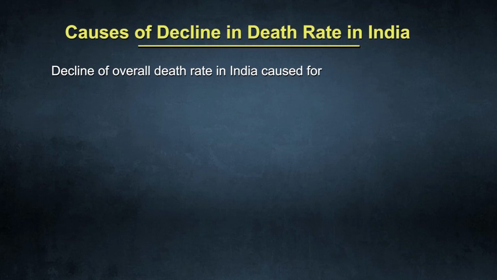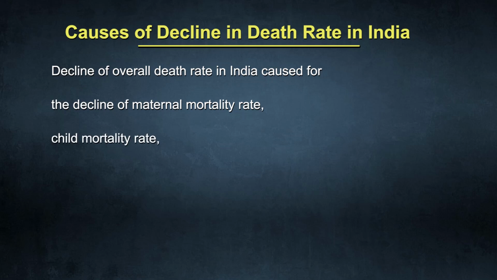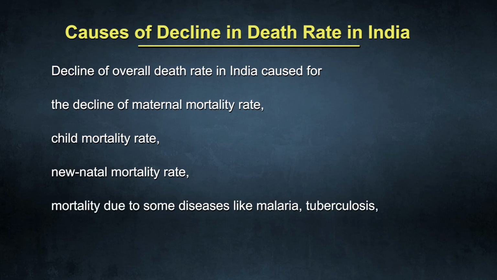And this decline of overall death rate in our country is due to the decline of the maternal mortality rate, decline of the child mortality rate including infant mortality rate, as well as India has also experienced the reduction of the mortality due to some diseases like tuberculosis, malaria, influenza.